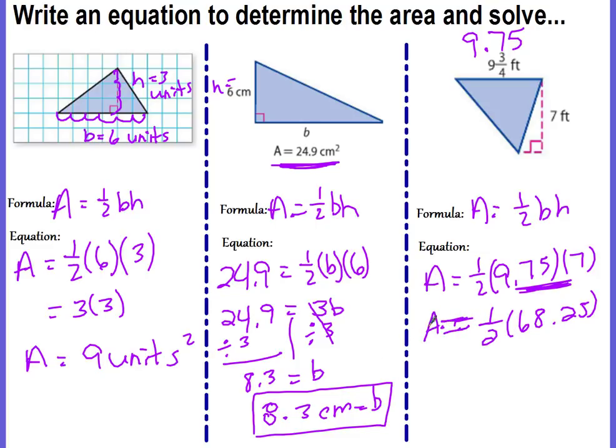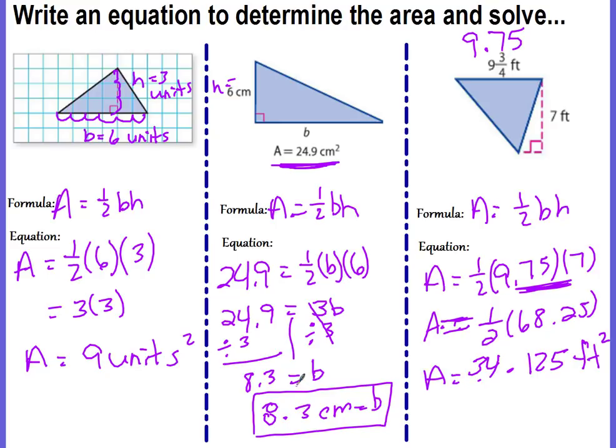Big equal sign here. And now I need to multiply 68.25 times 1/2. So what I'm really doing is dividing it by 2. And it's going to get me 34.125. And it is feet squared. We are looking for the area this time, so it is feet squared.